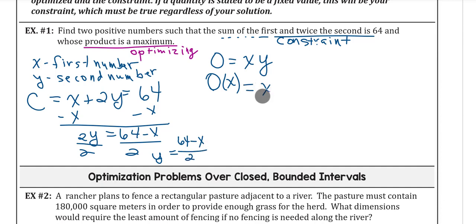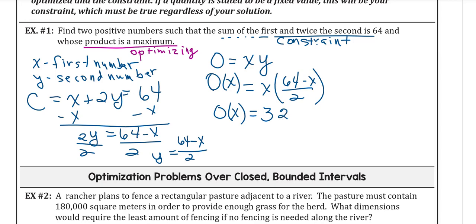I'm going to substitute that into my optimization equation.